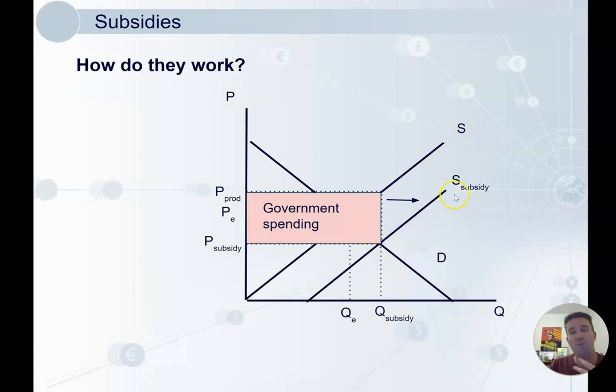A common mistake is for people to assume the government will subsidize the same amount currently produced, so they just multiply the subsidy by the amount currently produced. They forget that if the price is lower, consumers are going to buy more. So it's going to work out to be a lot of spending. Subsidies are quite expensive for a government.